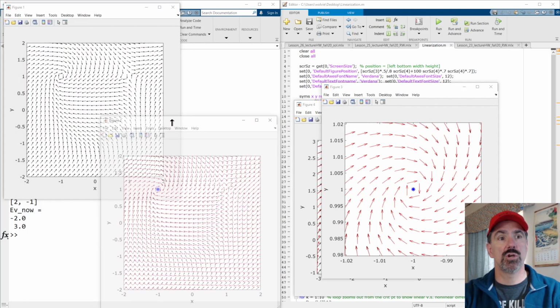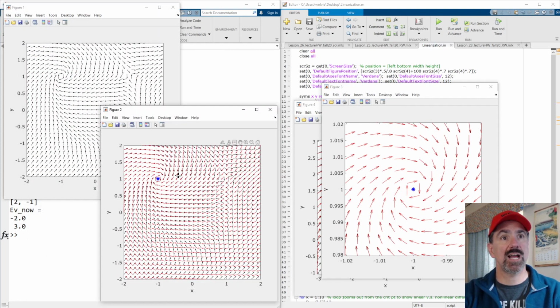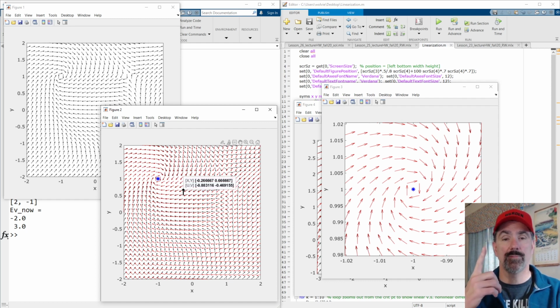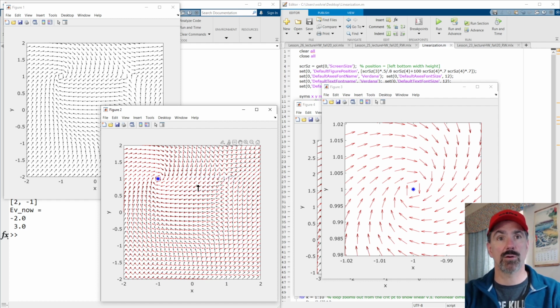I'll show these side by side, and we can see the dark gray is exactly the same in both phase planes. The red is the linearized system. It is everywhere a spiral sink because a linearized system only has one critical point, and in this case it is a spiral sink. So the entire system is a spiral sink.